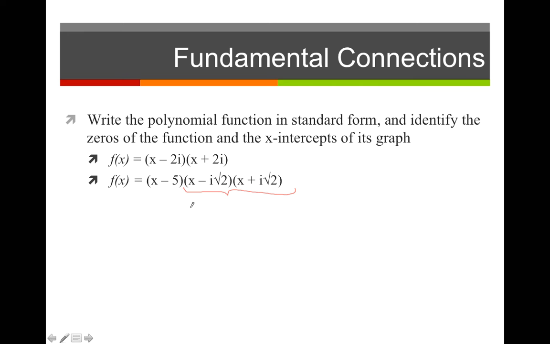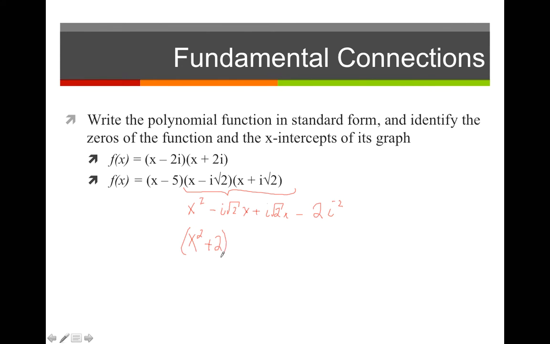If I FOIL these things together, I get x squared minus i root 2x, right? This piece times this piece, plus i root 2x, minus, okay, root 2 times root 2 is 2. i times i is i squared.